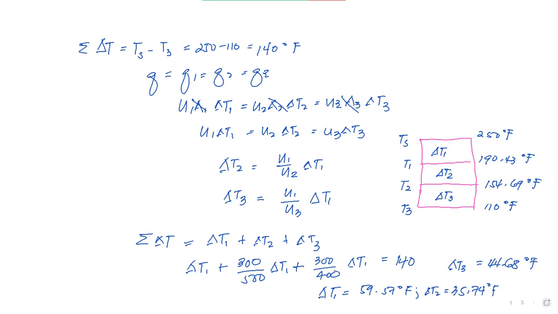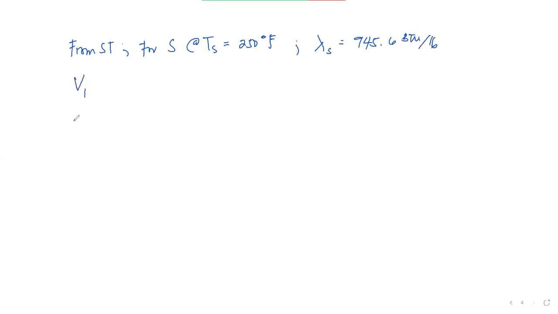From your steam table, for TS equal to 250 degrees Fahrenheit, you'll be getting a lambda S. You can do the checking later. 945.6 BTU per pound.